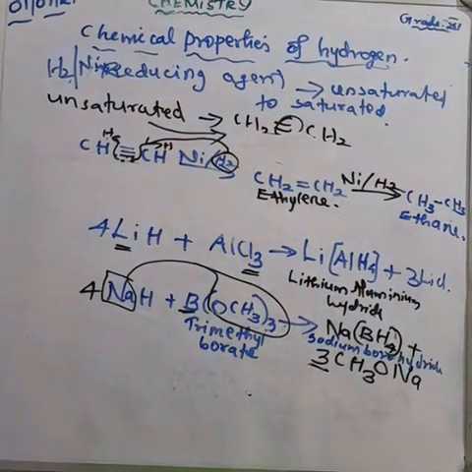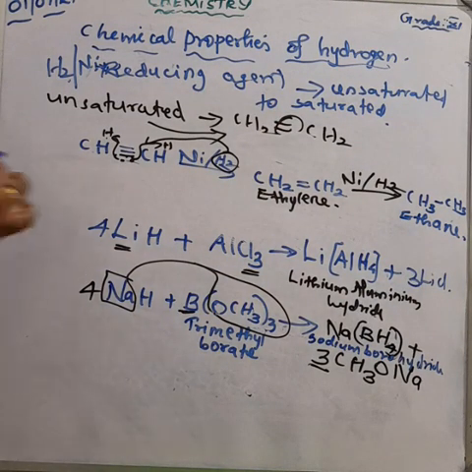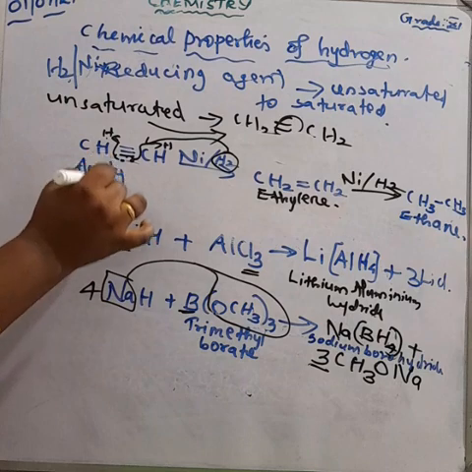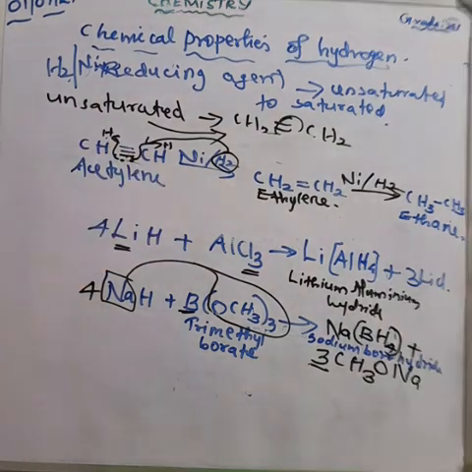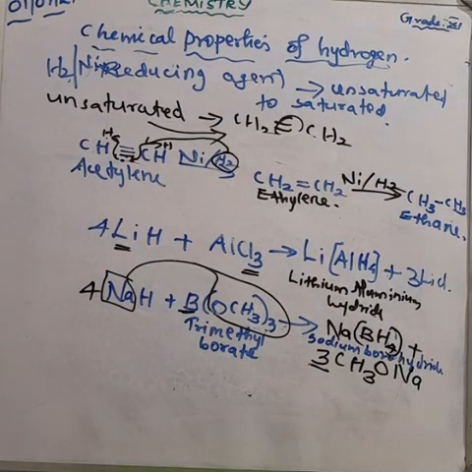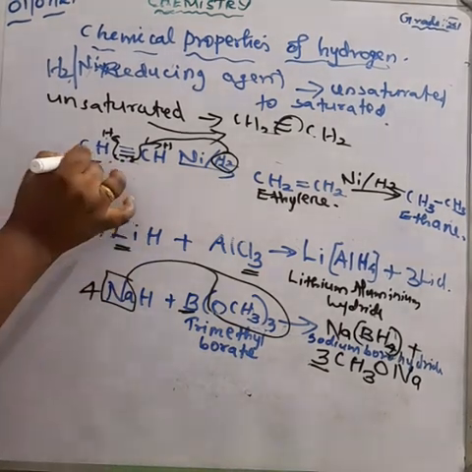Acetylene, otherwise called ethyne, has a triple bond.